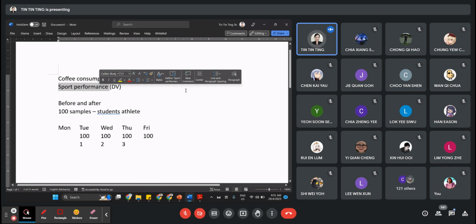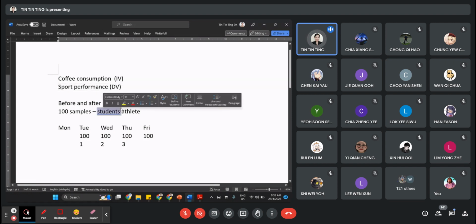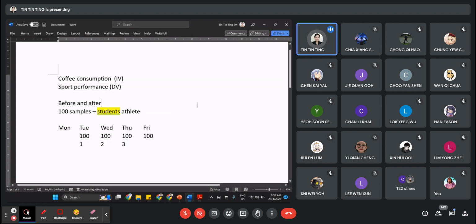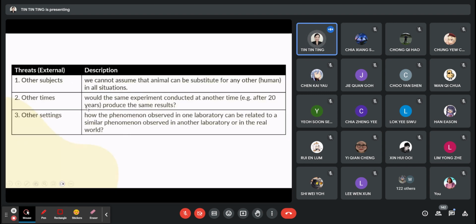You cannot generalize it to other subjects because you only involve students. You cannot say adults or primary school students because you only involve undergraduates, which are bachelor degree students. Different age group, different subject.